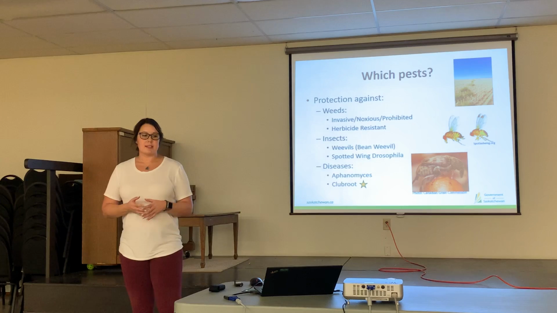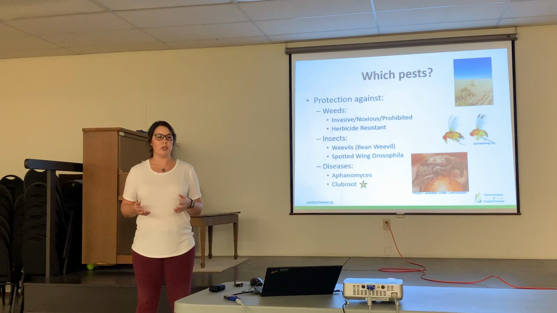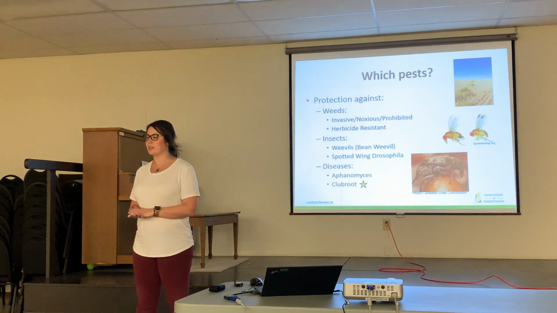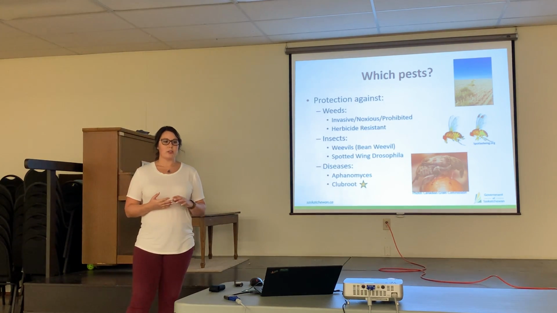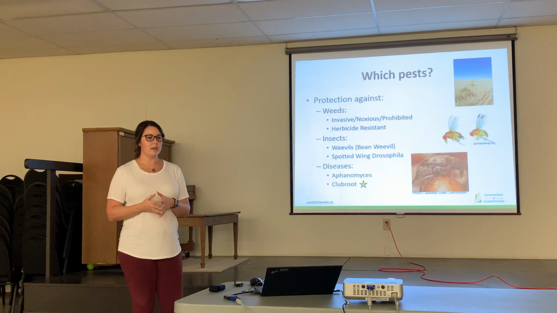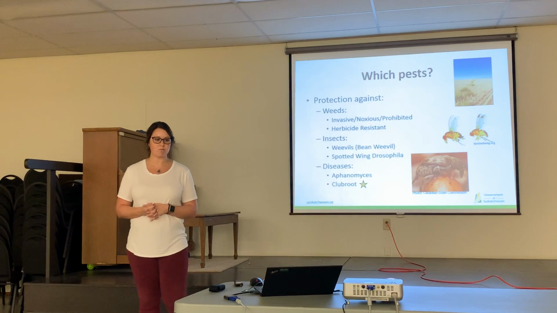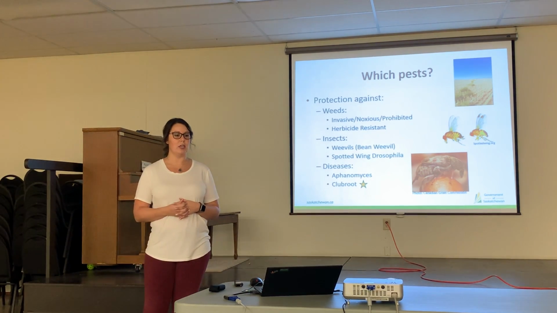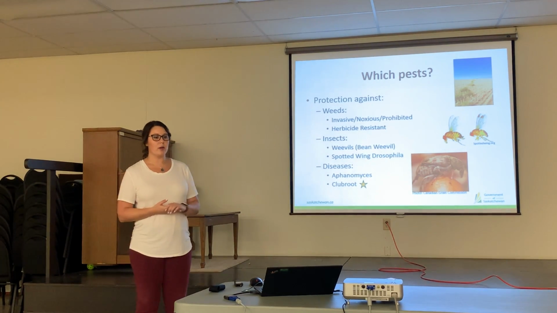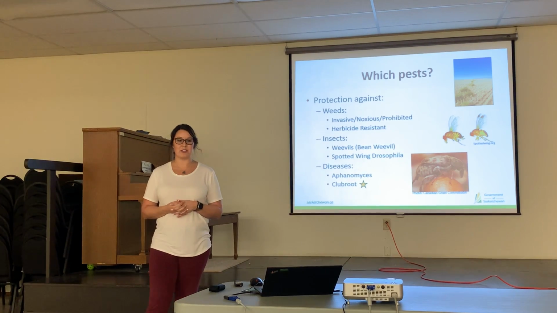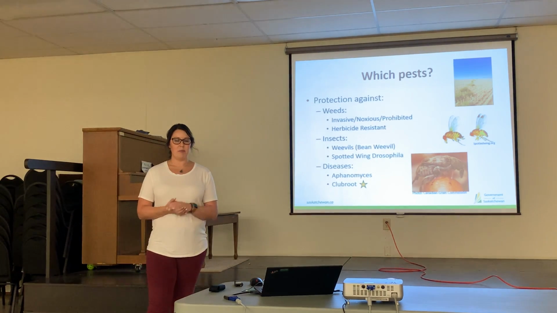And when we talk about plant pests, a lot of times when we talk about biosecurity, we're thinking of just one particular pest. But biosecurity can really help us out with a few different things. So we're going to talk a little bit about weeds: invasive, noxious, prohibited weeds, or herbicide-resistant weeds. Biosecurity can also help with insects, in particular weevils, which are not native to Saskatchewan, or things like the spotted wing Drosophila, which is a fruit fly that damages soft-bodied fruits.